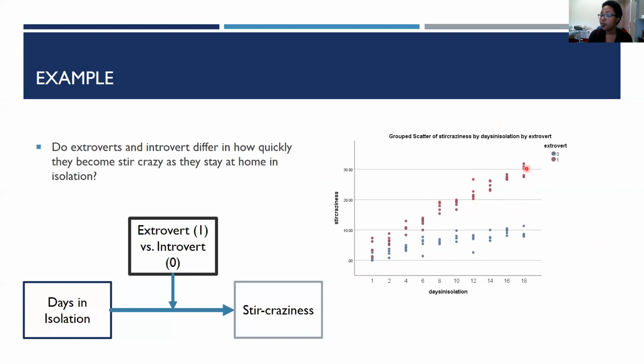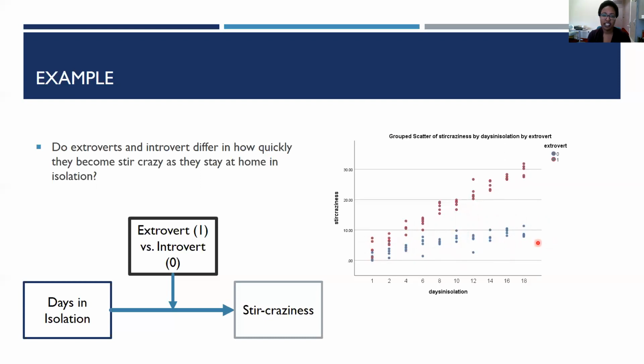But since this is a group scatter plot and we have divided these dots by whether they were coded as an extrovert or an introvert, we can see a pattern in that our introverts, the group that's coded 0 on this extroversion variable, have a fairly slow increase in stir craziness for how long they're in isolation. But our extroverts have a quite sharp increase in stir craziness for how long they're in isolation.